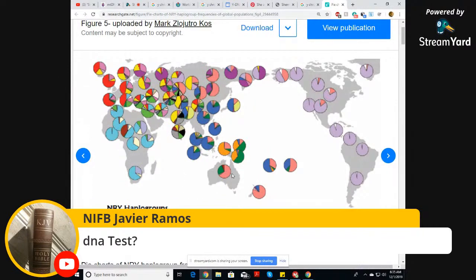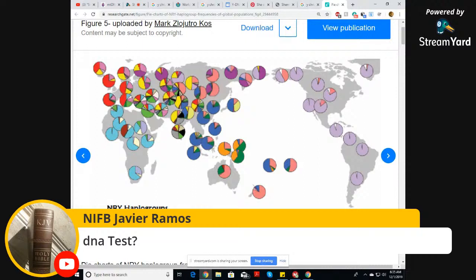And with the exception of here, let's just look at this for a minute. The Aboriginals are C. It doesn't distinguish which kind of C. It's a C3 or 4 or something like that. C4 maybe. In Australia, in these populations here, or C3 or something.